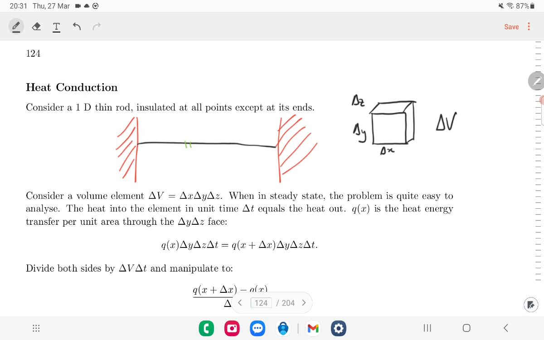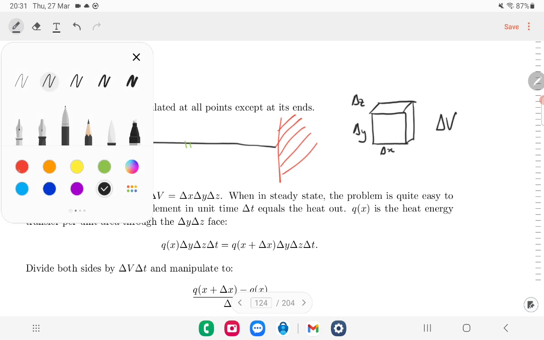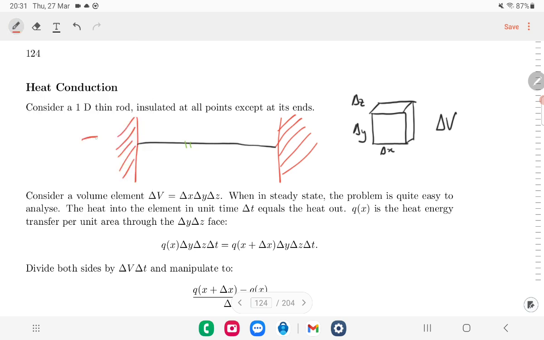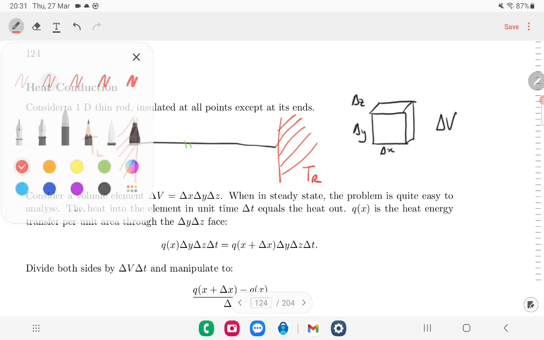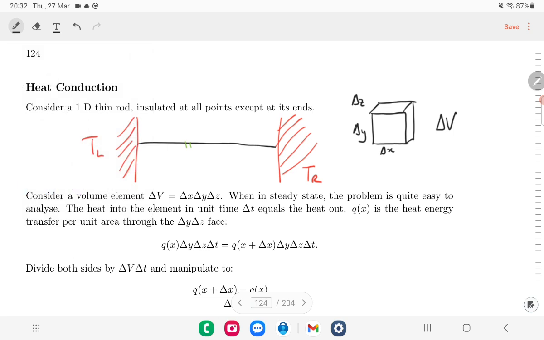Now, when it's in steady state, it's quite easy. If it's hotter on the left versus on the right, in general you're looking at a heat flow from left to right. Not exactly, because it started at temperature 0, but in general.